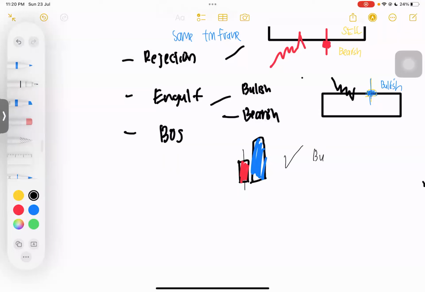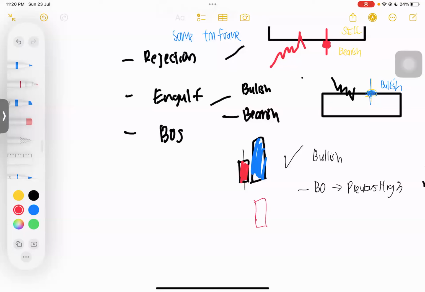This is for bullish engulfing. You have to break out the previous high. For bearish engulfing is direct opposite only lah.